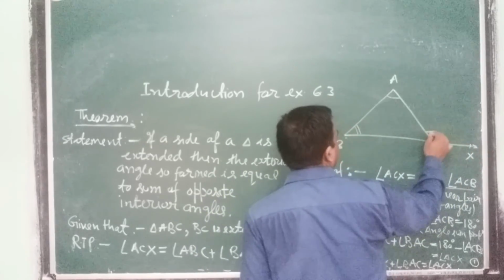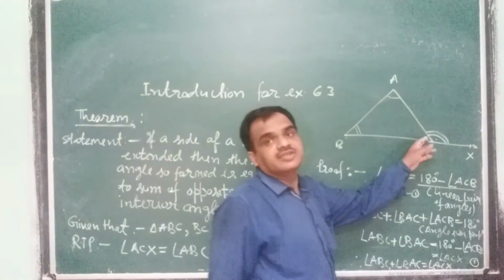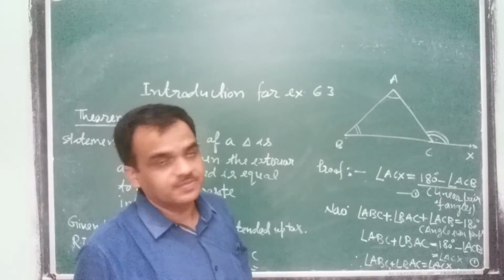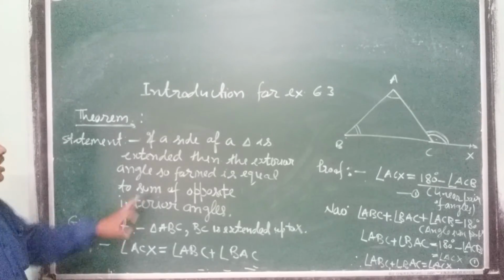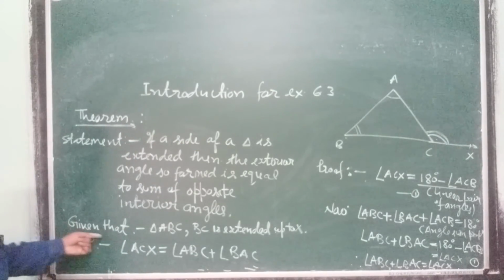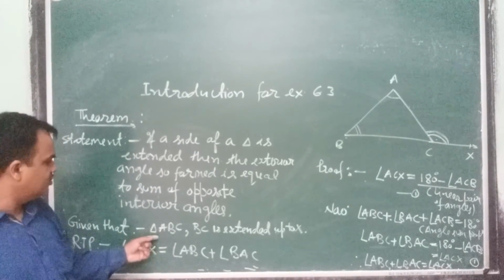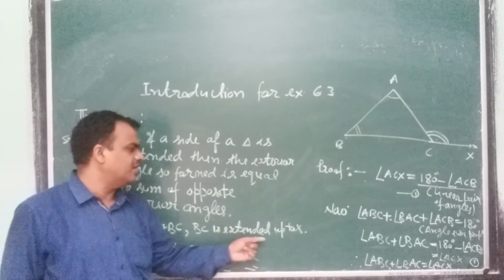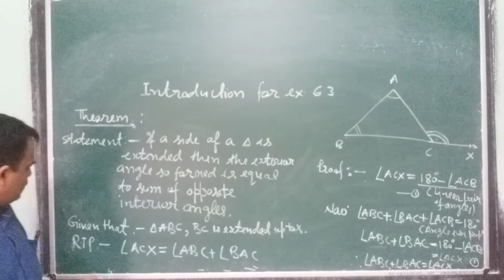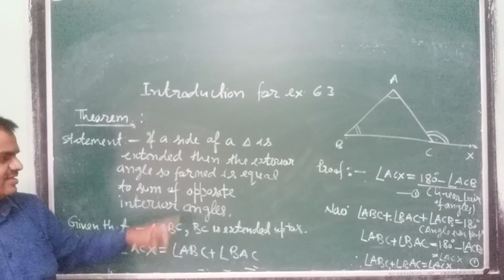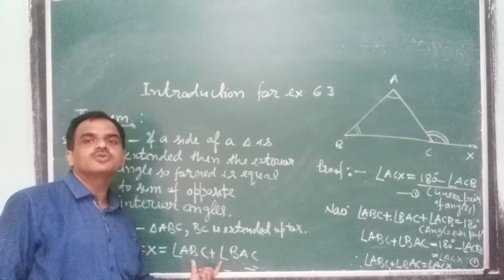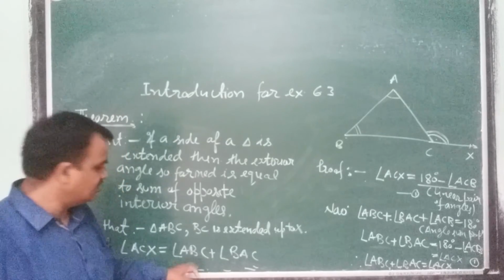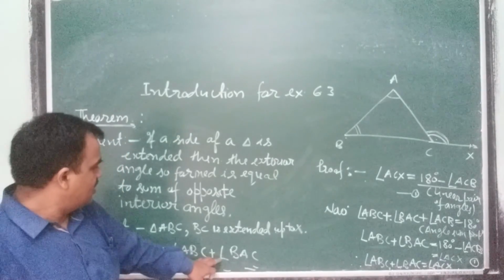We have got one angle here, which is the exterior angle C. Now, in triangle ABC, given that BC is extended up to X. What is to prove? ACX, that exterior angle, is equal to the sum of the opposite interior angles, that is ABC plus BAC.